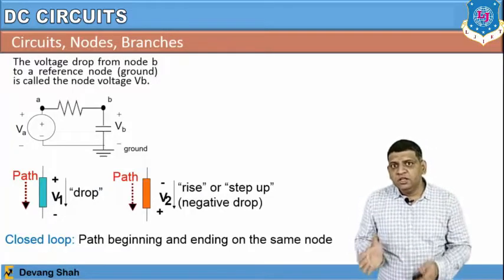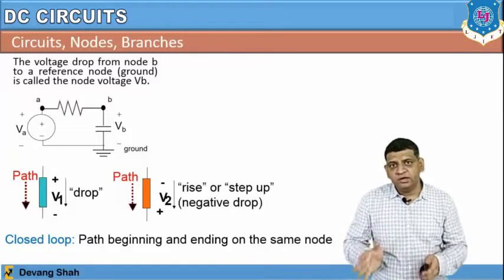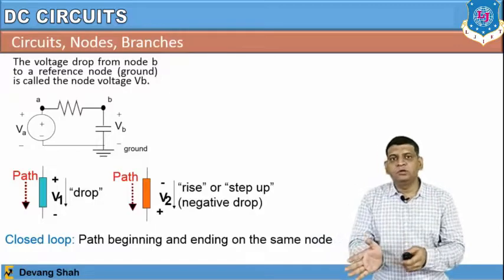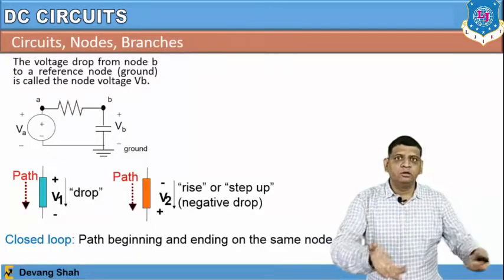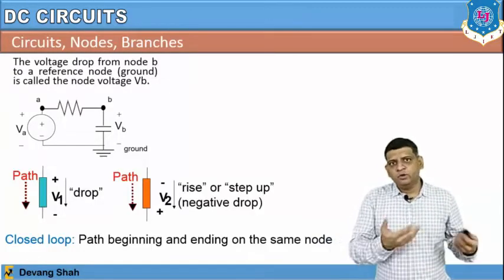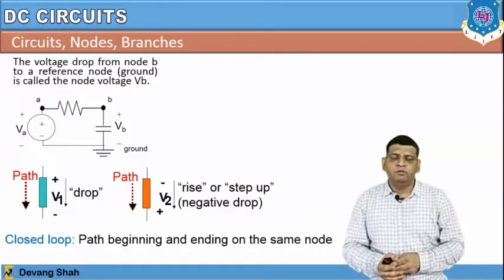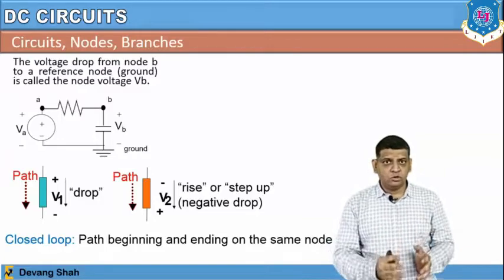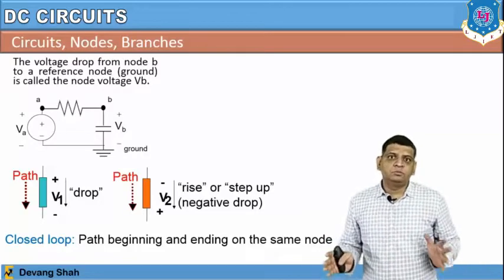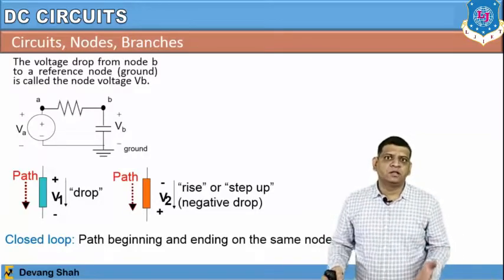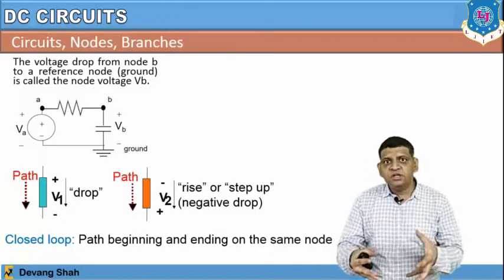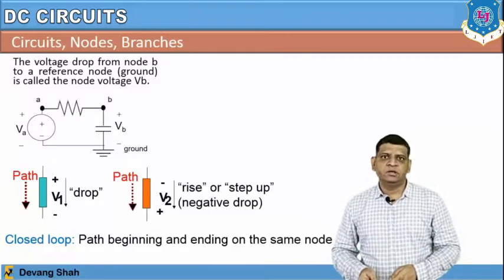Because when the current is flowing through any device or any resistance, that would have a voltage drop, and that particular voltage drop would drive or run your further circuitry or your appliances, right? So here we learned three important concepts. One is called the branch, another is called the node, and the third is a closed path. Once you connect all these three terminologies together, that becomes a circuit design, right?